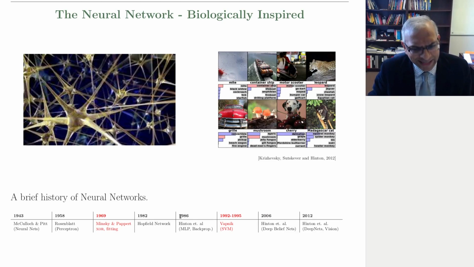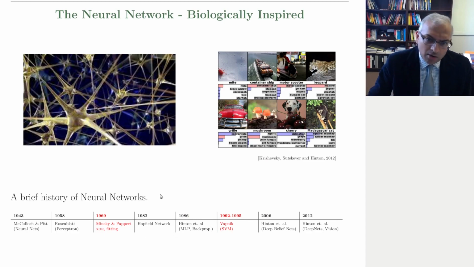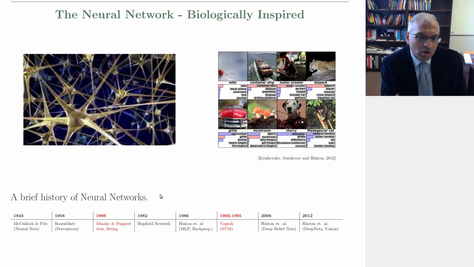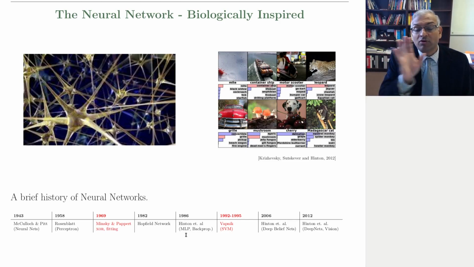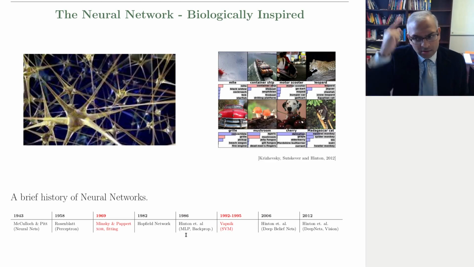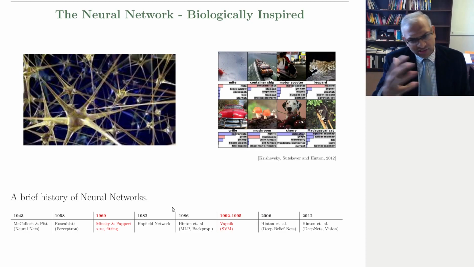Around 1986, neural networks took off again, because now we had a way to fit more complex functions similar to the XOR, and we had a way to do it efficiently using gradient descent, which is a technique we've already seen before in the context of logistic regression. So neural networks took off, and around the early 90s is, for example, when I got interested in neural networks.